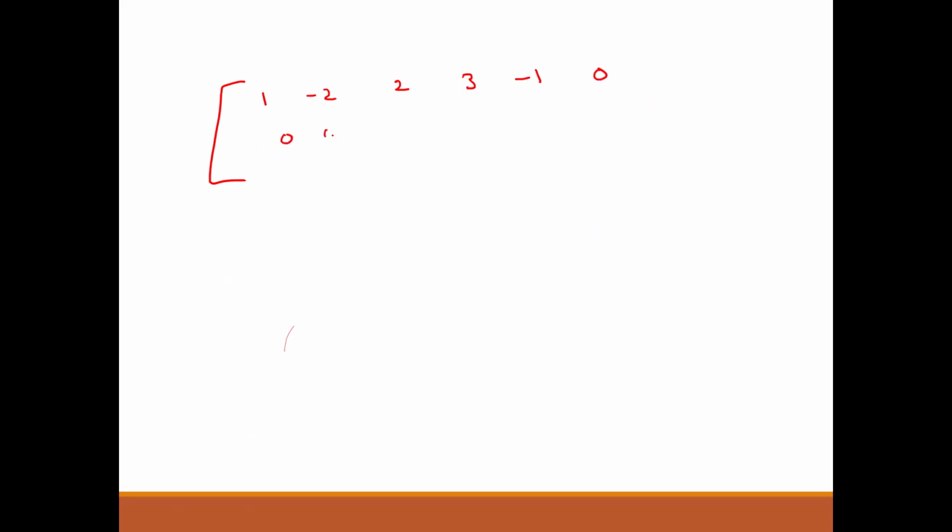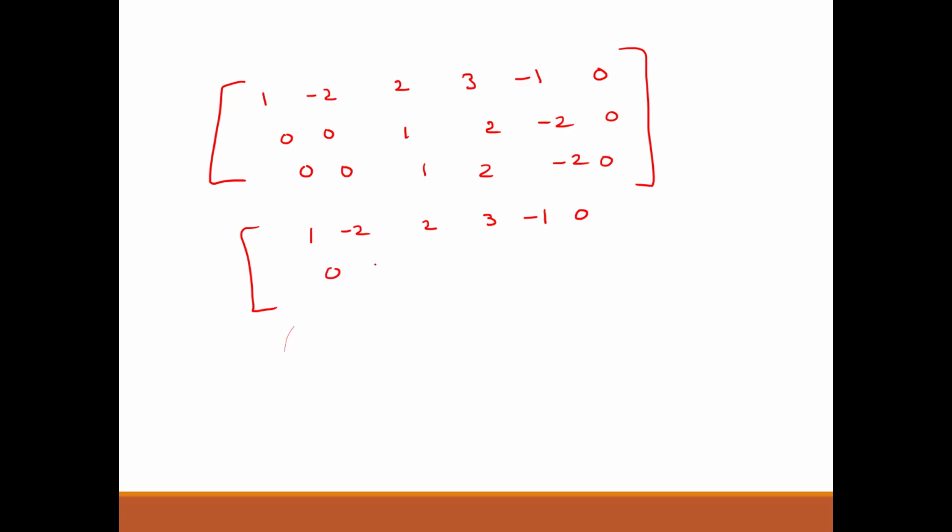Next, this is 0, 0, 1, 2, minus 2, 0. This is again 0, 0, 1, 2, minus 2, 0. So I am making R3 replaced by R2. And this will become completely 0. So I have replaced R3 as R3 minus R2. Now it is in the echelon form.